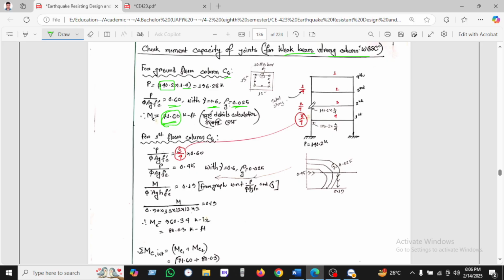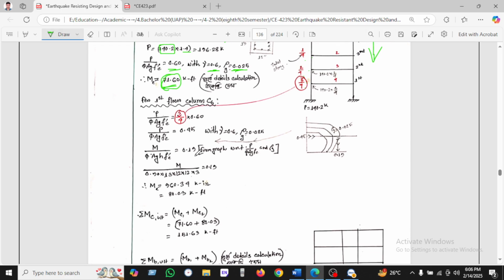From the first column we use 3/4, the second floor 2/4, and the third floor 1/4. If we calculate from the upper side, then first will be 1/4, this 2/4, this 3/4, which is 20% less.